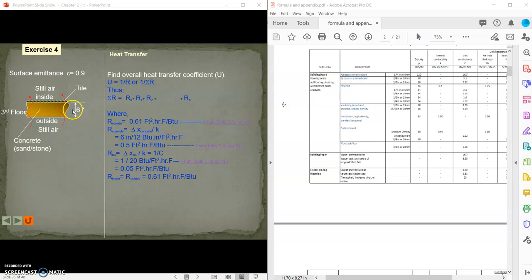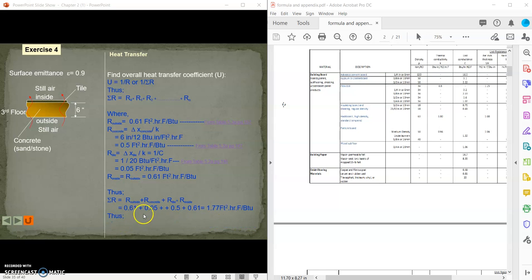Next one, let's go into the R still air, R still air of inside. The R value of still air inside and outside is the same, since it is still air. So the value is 0.61. So the sum of R is equal to, you have to add all of the R values here, and then please check whether you get the same answer or not.